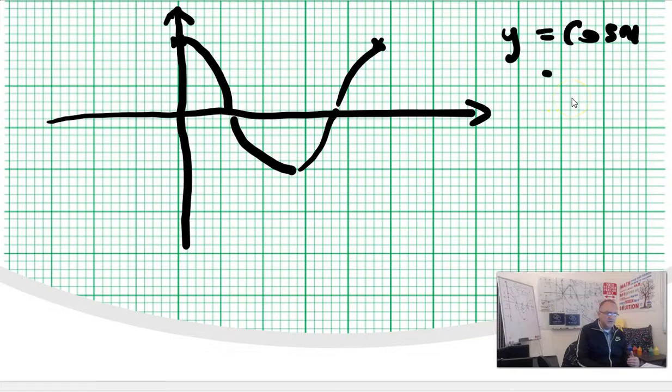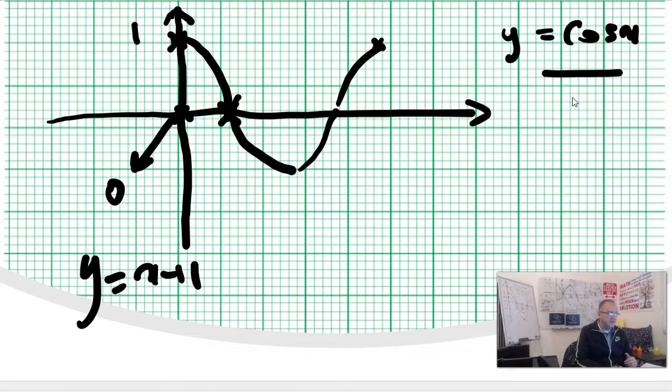Now the cosine function starts right here at 1 and then goes here, and 0 here. 0 is represented here, like any coordinate grid. But in the other coordinate grid, the normal one where you have a function like y equal x plus 1, you have 0, 1, 2, 3, 4. Here many students get confused, and I get asked this all the time.